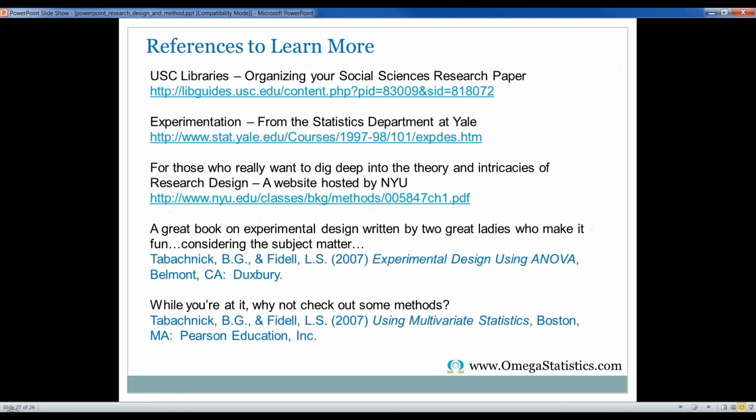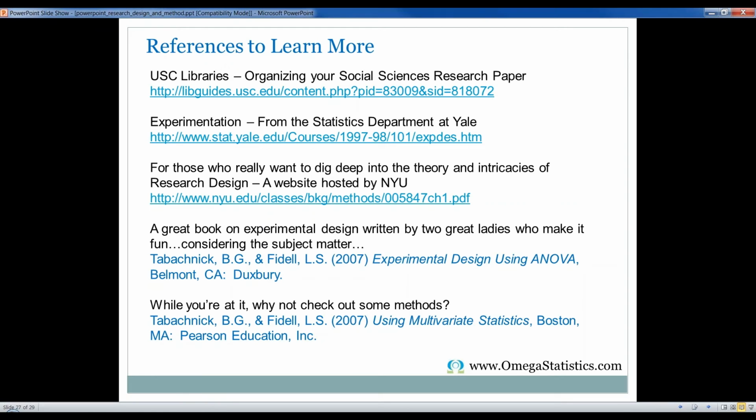Here are some references. The first one is Organizing Your Social Sciences Research Paper, which is a very good one. I think it's mostly quantitative designs, and it gives you a little bit of information on them. There's a paper on experimentation, which is very informative.